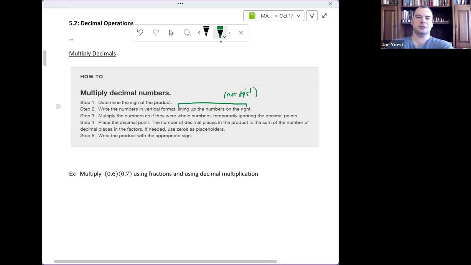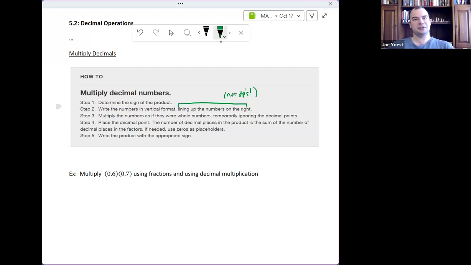We line up the numbers on the right, not the decimal points. This is maybe an unfortunate thing about operations on decimals: each operation works quite similarly to the similar operation on whole numbers, but there's a little nuance that's different, and it differs between the different operations.